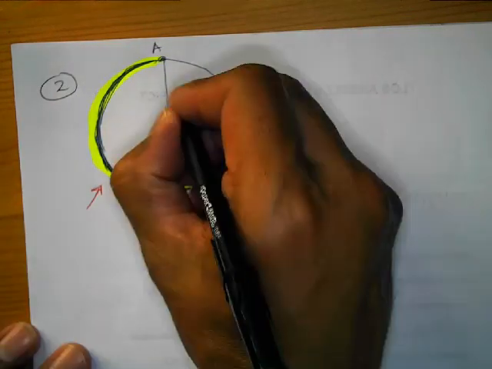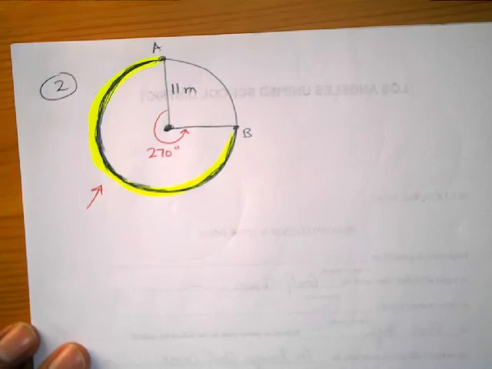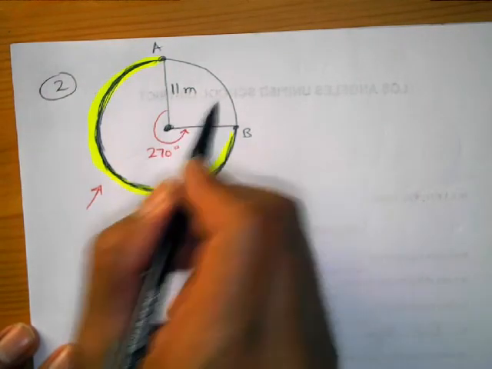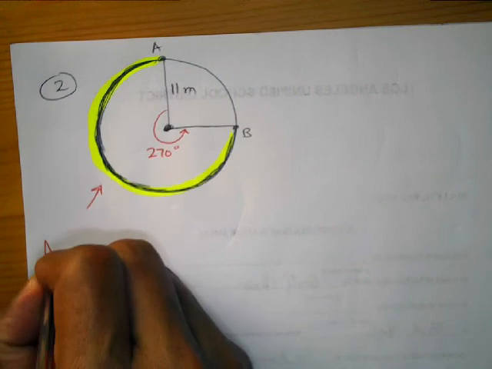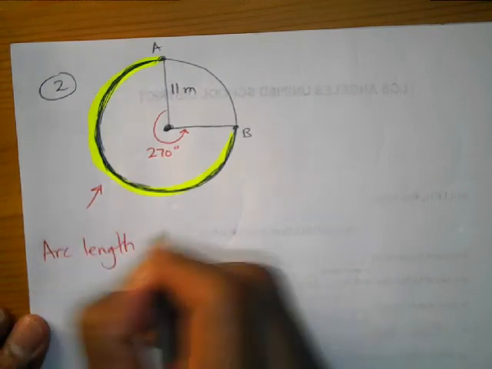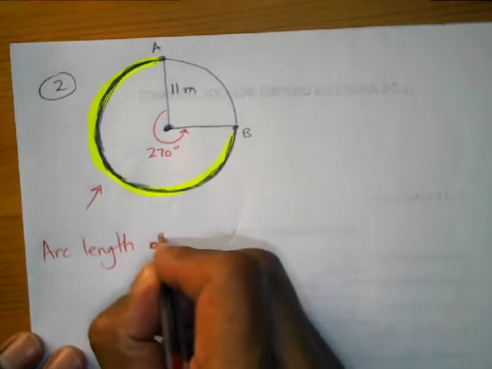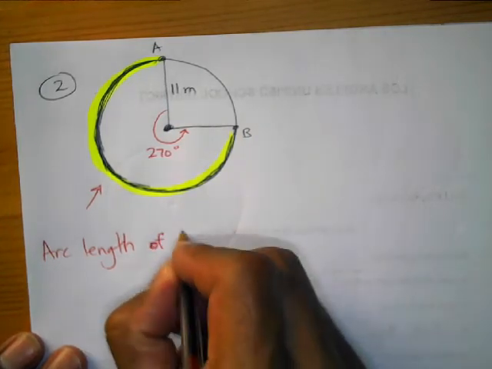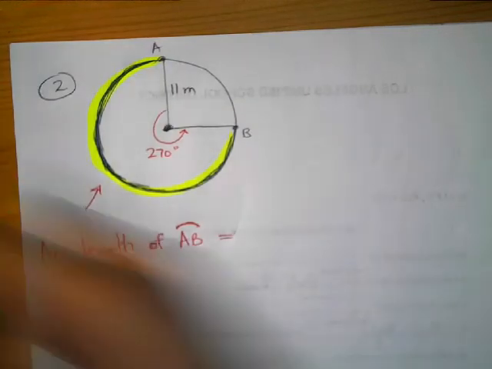Okay, so from A to B, arc length is what? Oh, we need a radius. What's the radius? This one says 11. Like 11 meters. It'll have units, but I'm not worried about the units. It could be 11 meters, 11 miles, doesn't matter. Here's the formula. Arc length of AB.